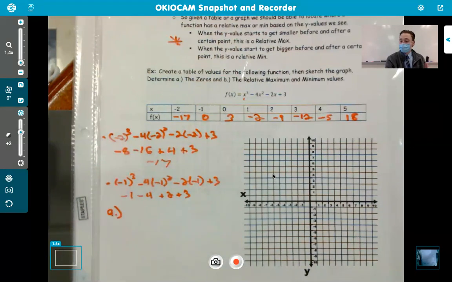Where would my solutions be? Anybody have any ideas?